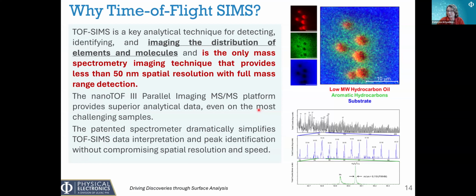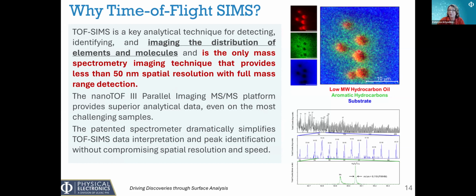TOF-SIMS is the second technique. So why do we care about TOF-SIMS? TOF-SIMS is a key analytical technique for detecting, identifying, and imaging the distribution of elements and molecules. It's the technique that allows us to get 50 nanometer spatial resolution with full mass range.